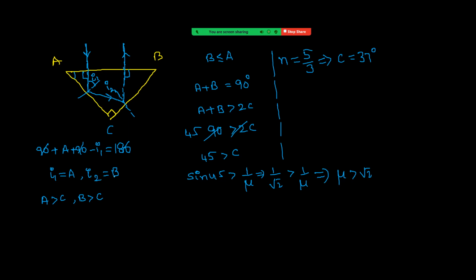I2 equal to B. But the B value is 30 and C is 37. That means I2 is less than C. So here reflection is not possible, reflection completely not possible. That means this is not possible. Okay, when B equal to 30, this condition is not possible.